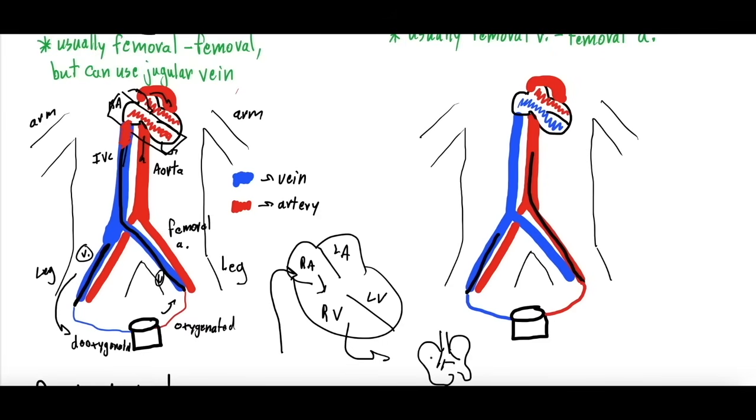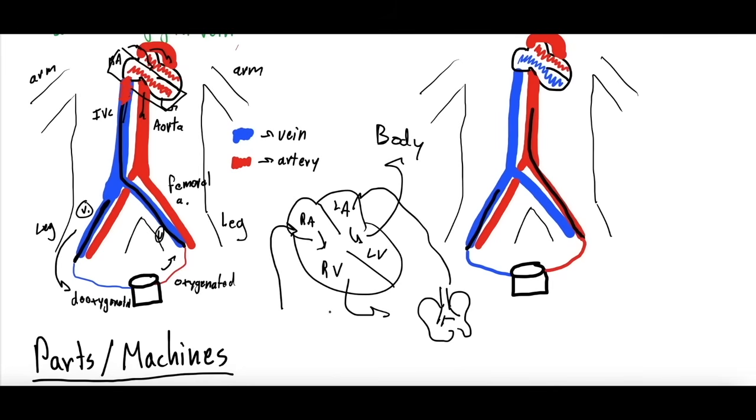The lungs then oxygenate that blood and pump it back to the left atrium, which goes into the left ventricle, and then the left ventricle pumps it out to the body. So with the VV-ECMO circuit, what is typically deoxygenated blood, we'll do DO here, on the right side of the heart, is actually oxygenated blood, because the ECMO circuit is delivering oxygenated blood to the right atrium, which is then being pumped through the lungs, back to the left side, back to the body.